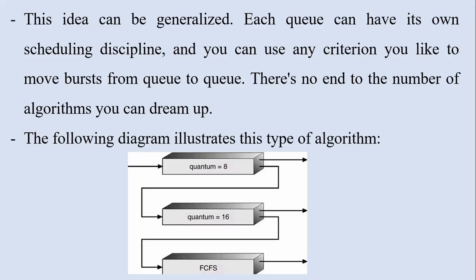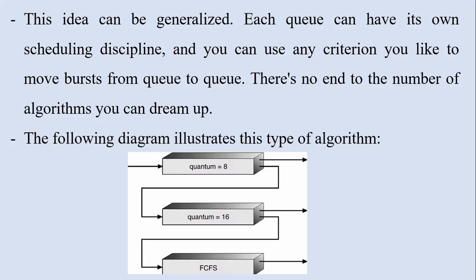The idea can be generalized. Each queue can have its own scheduling discipline, and you can use any criterion you like to move bursts from queue to queue. There is no end to the number of algorithms you can dream up.